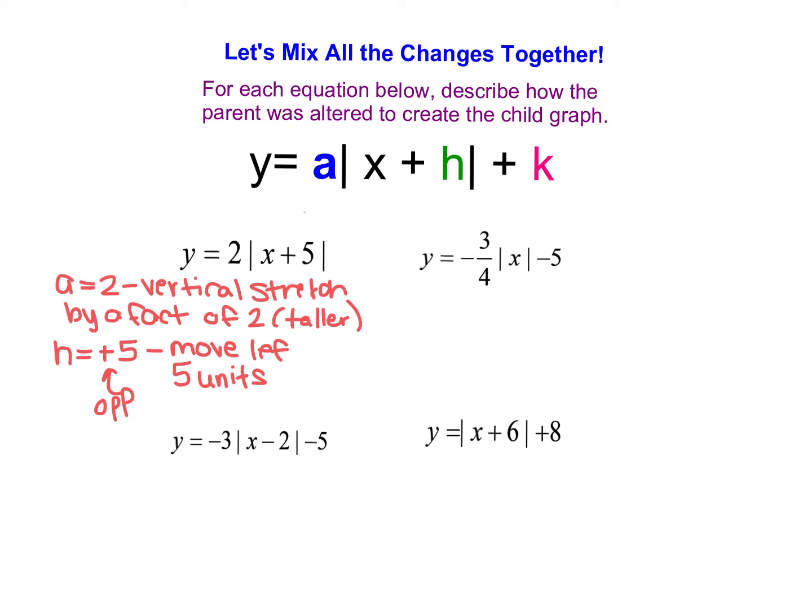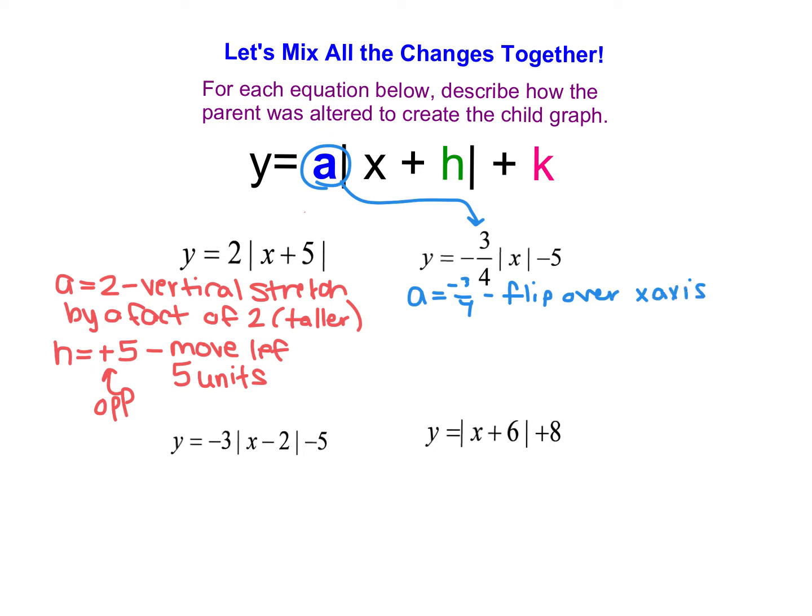Now if we move on to the second example, what I notice here is I have an A value out in front of negative 3/4. So A is equal to negative 3/4, and the negative piece tells me that this is going to flip over the x-axis, or it's a vertical flip.